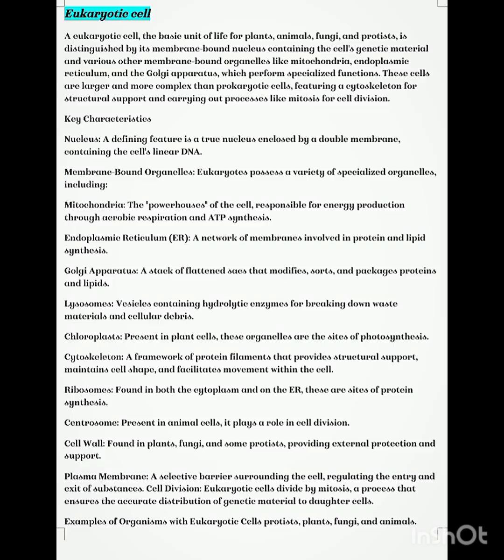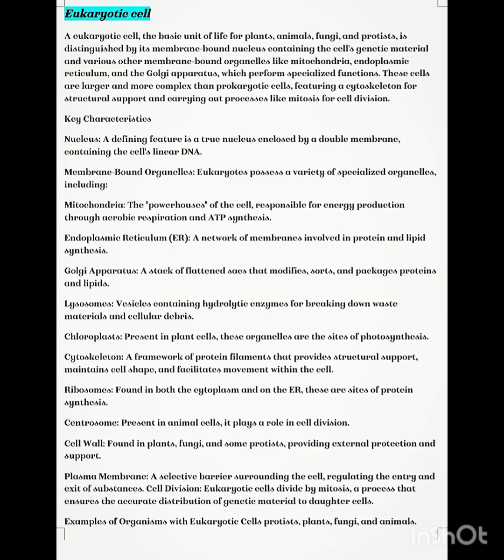Chloroplasts, present in plant cells, these organelles are the sites of photosynthesis. Cytoskeleton, a framework of protein filaments that provides structural support, maintains cell shape, and facilitates movement within the cell. Ribosomes. Found in both the cytoplasm and on the ER, these are sites of protein synthesis. Centrosome. Present in animal cells, it plays a role in cell division.